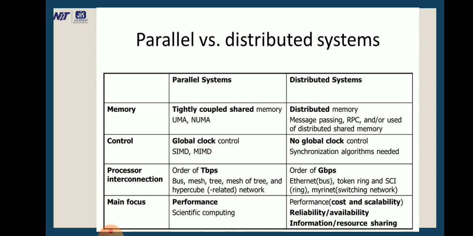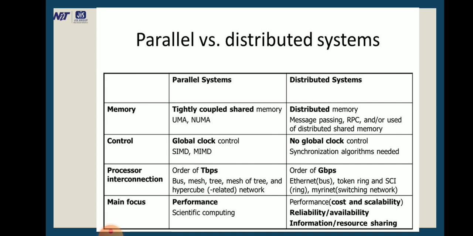Parallel computing is a type of computation in which many calculations or executions of processes are carried out simultaneously. A distributed system is one whose components are located on different networked computers, which communicate and coordinate their actions by passing messages to one another.